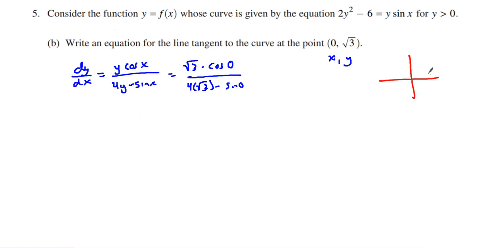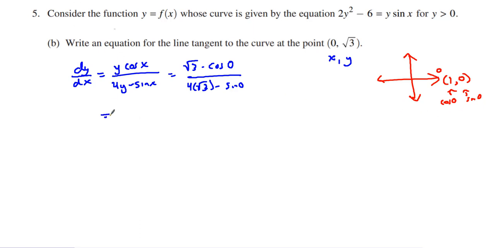The unit circle is really helpful to know on each one of these axes. So at 0, your cosine, it's all x values, so that's going to be 1. Your y value, your sine, is equal to 0. So cosine of 0 is 1, and sine of 0 is 0.